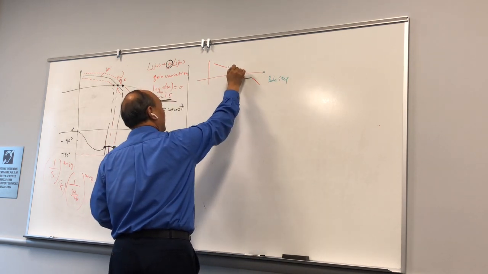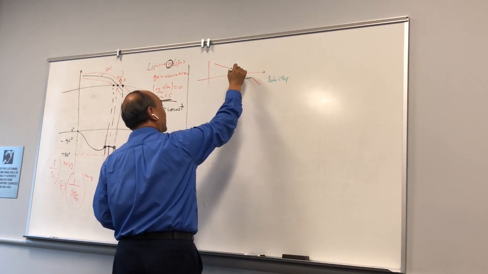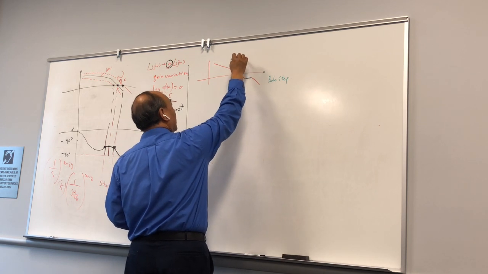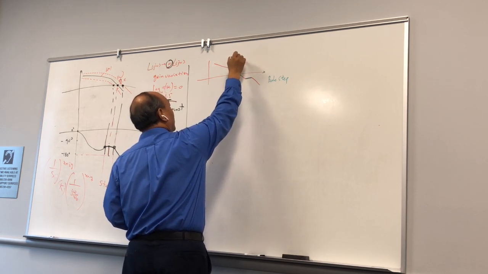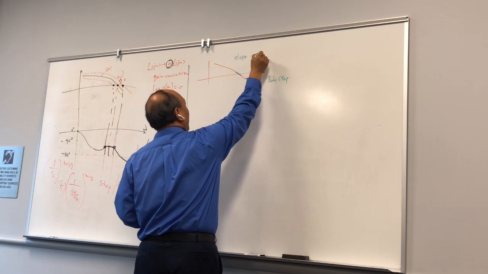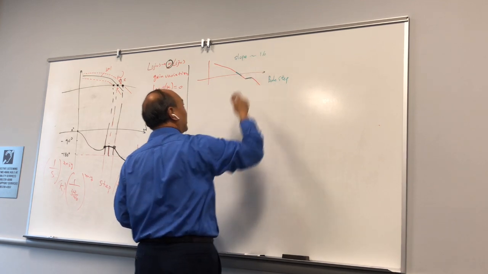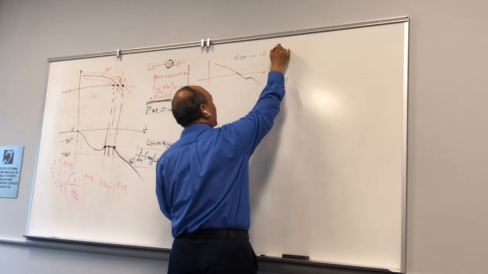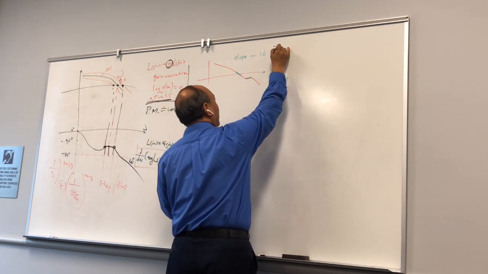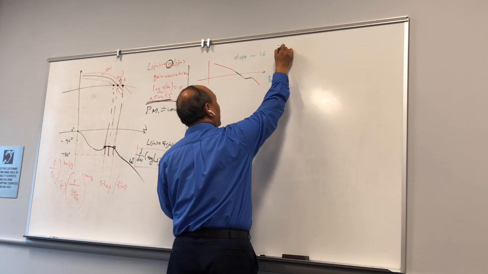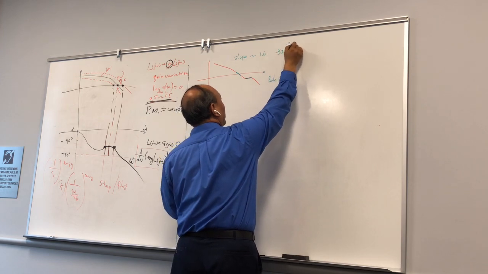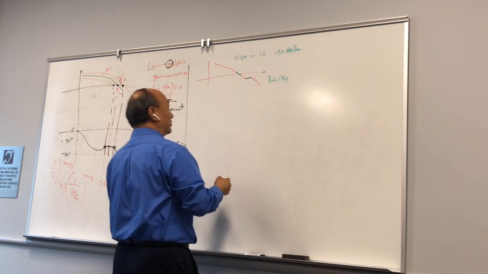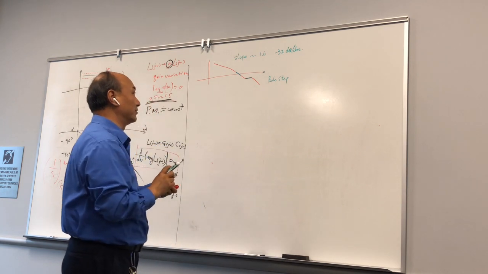And we need to keep this slope about 1.6, okay? So what does that mean? It is minus 32 dB per decade, because otherwise it's minus 40, okay?